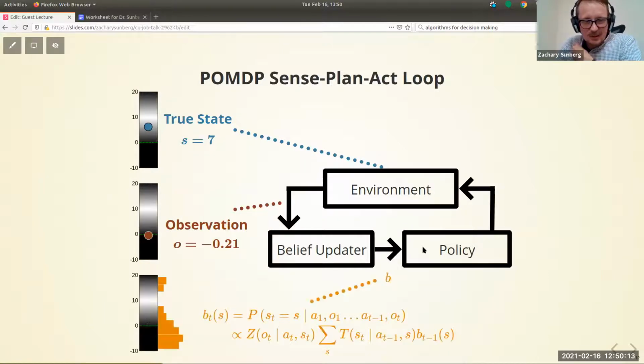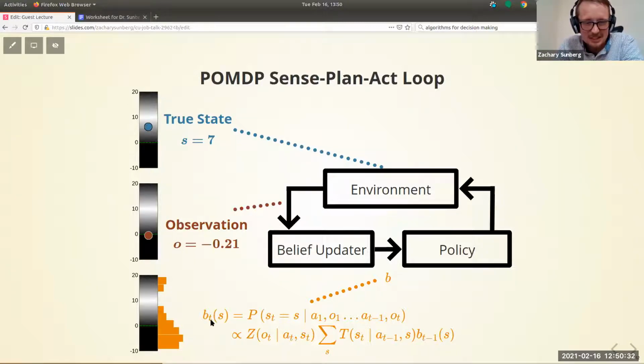You don't necessarily have to do this to solve a POMDP, but one of the most useful things we can do is come up with a belief, which is a posterior probability distribution of the state conditioned on all of the previous actions and observations.